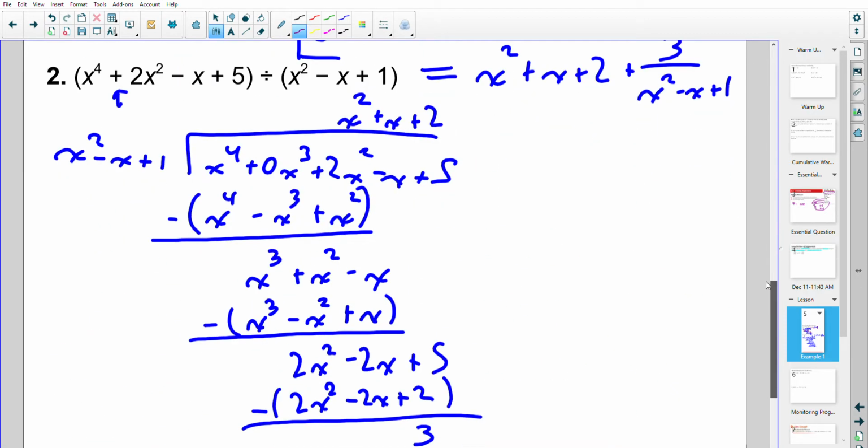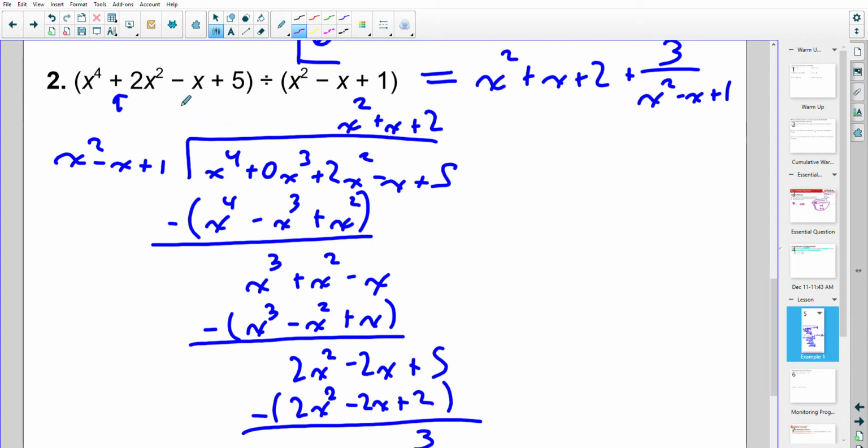Looking at the other problem, again, there's a missing term here, so I'm going to fill that in right here. I'm going to look and see how many times x squared goes into x to the 4th: x squared amount of times. I put that above the x squared. I then distribute that x squared all the way through. I get this, big parentheses, subtract going down.